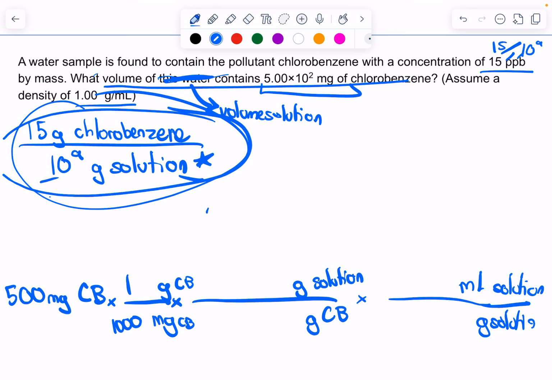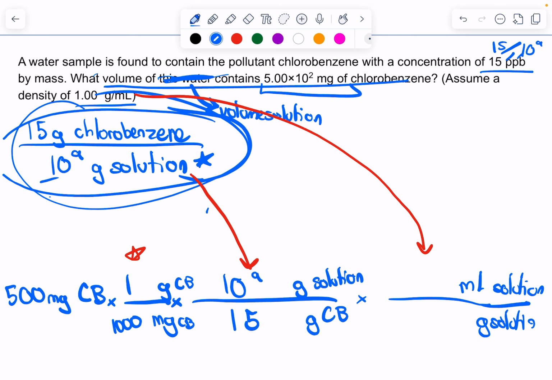And that's where I'm going to use the density. So the mass parts per billion is going to be used here. The density is going to be used there. And then this was just a metric conversion. Okay, so again, using concentration as a conversion factor. So 15 chlorobenzene for every billion solution, and then 1 gram per mL for the density.